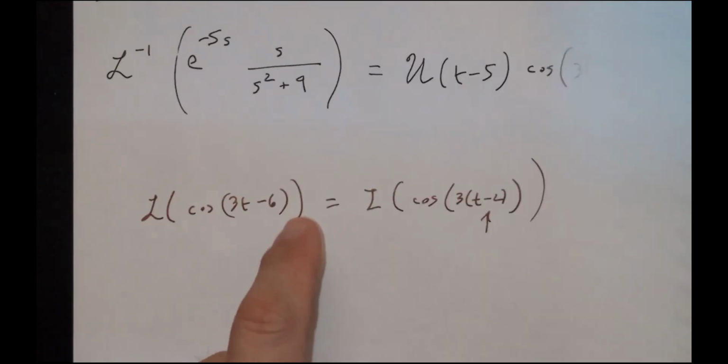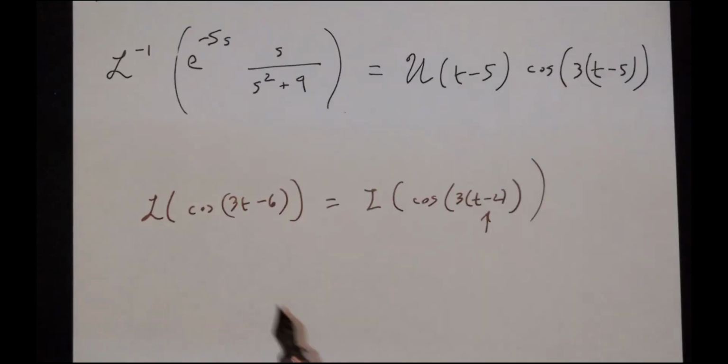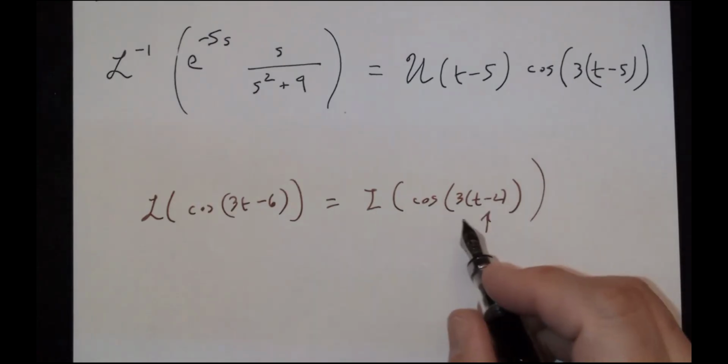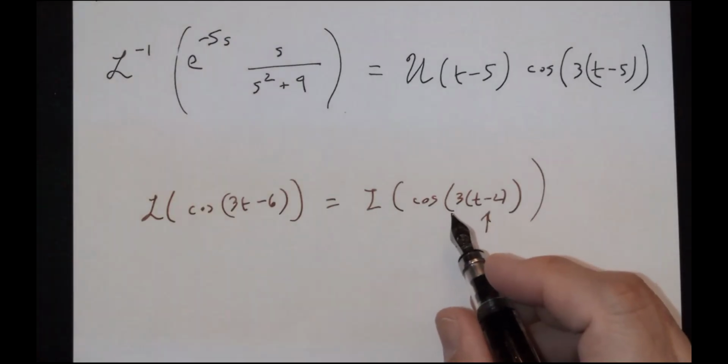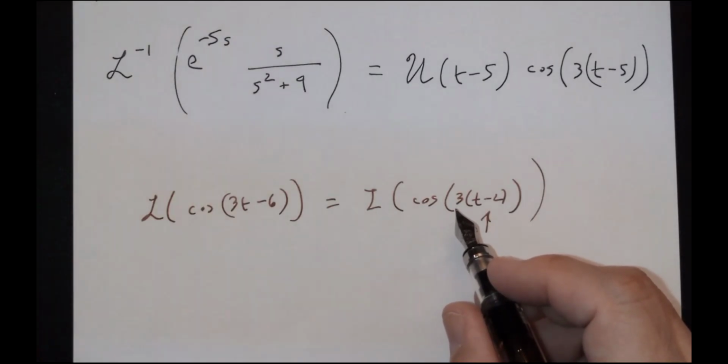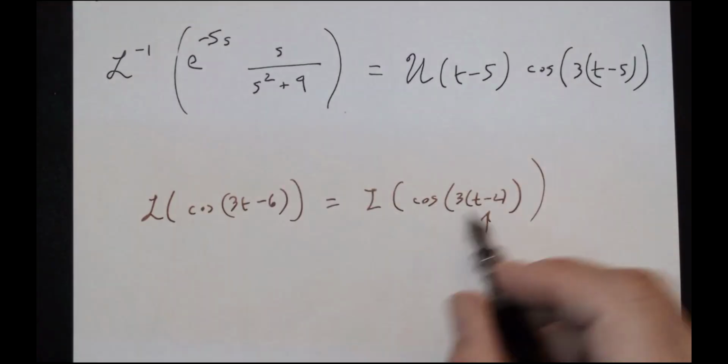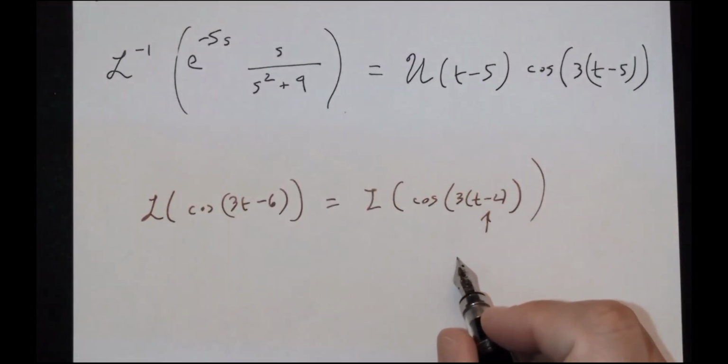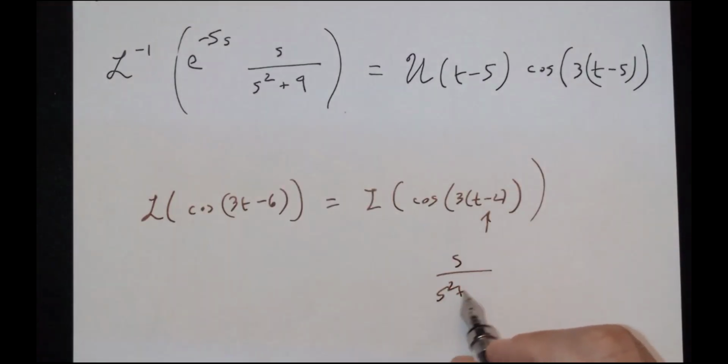But what if it didn't? The problem is trying to rig the Laplace transform to know what the undo is going to look like. So what's the Laplace transform of this? Cosine is s over s squared plus 9, right? But I've got this t minus 2 thing.